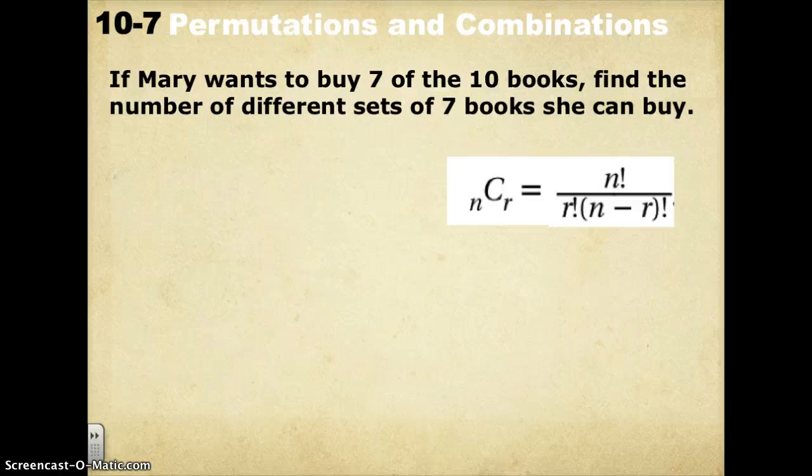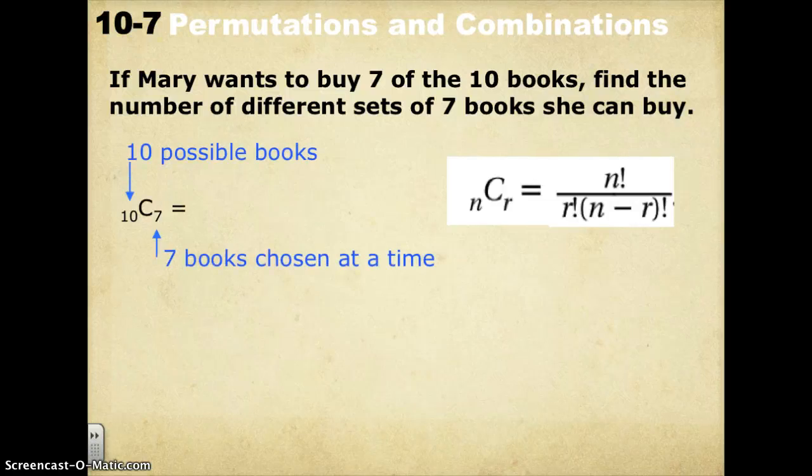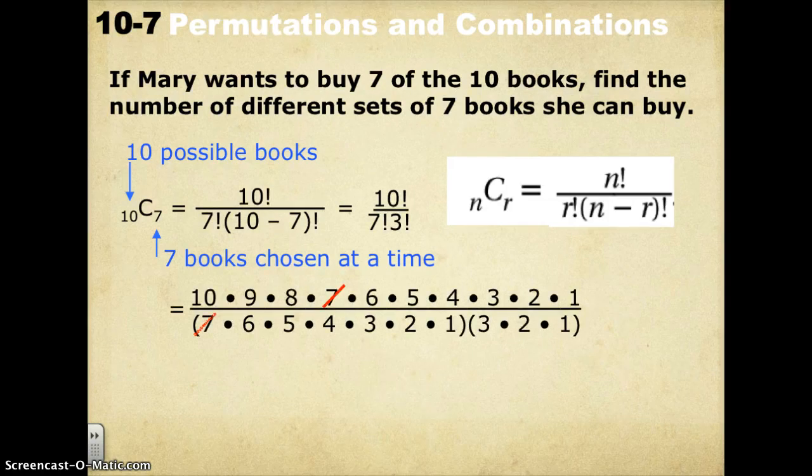If Mary wants to buy 7 of the 10 books, find the number of different sets of 7 books she can buy. So again, because it says a set of 7, it doesn't matter the order, so it's a combination. So 10 choose 7, plugged into the formula and simplified, and then expanded. We start with the largest numbers, so we can get rid of all the 7 through 1 in the first part. So now we have 10 times 9 times 8, and 3 times 2 times 1.